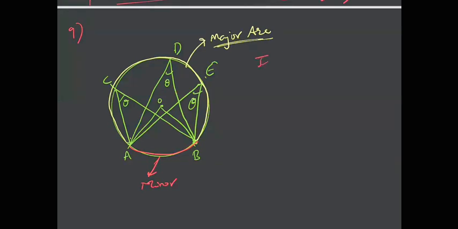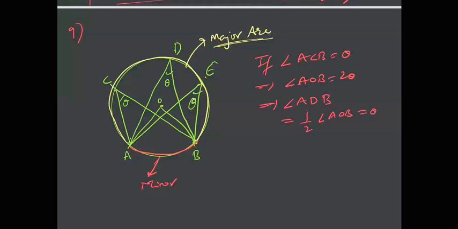Because if angle ACB is theta, this implies that angle AOB is twice of theta. That is what we have learned in the previous theorem. And this implies that the angle at the circumference will be half of the angle at the center. So angle ADB would be half of angle AOB, that would be theta. Similarly, angle AEB would be half of angle AOB, that would also be theta. Okay.